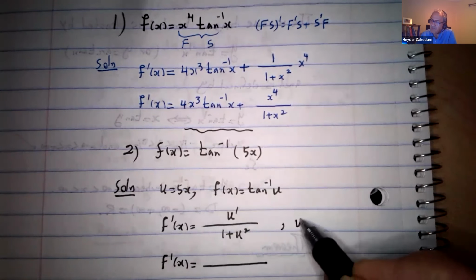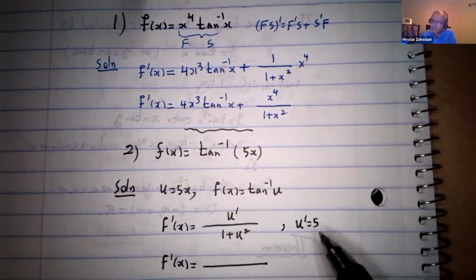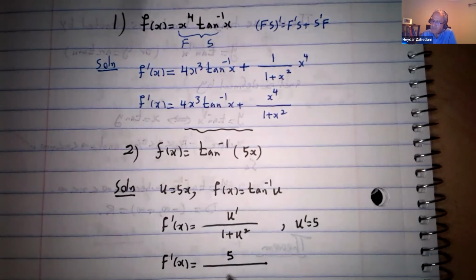U prime is 5. So it's going to be 5 on the top, 1 plus u squared. U is the 5x, so it's going to be 1 plus 5x squared. Okay, so f prime of x is going to be equal to 5 on the top over 1 plus 5x squared, which is 1 plus 25x squared. And then you're done.